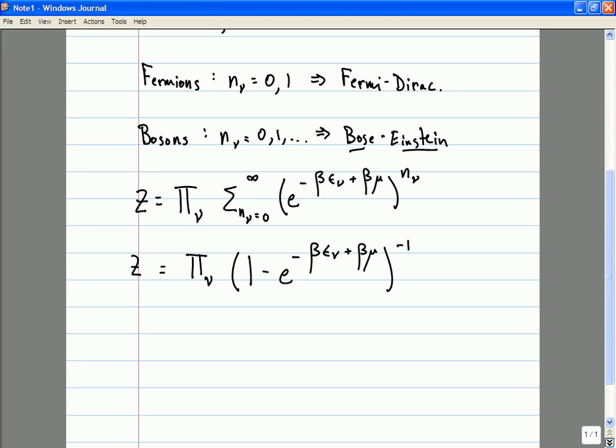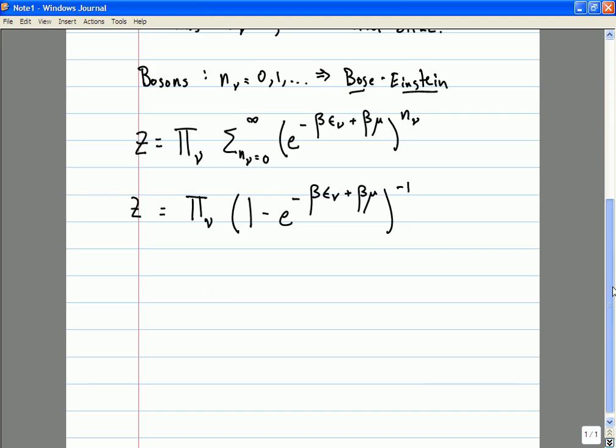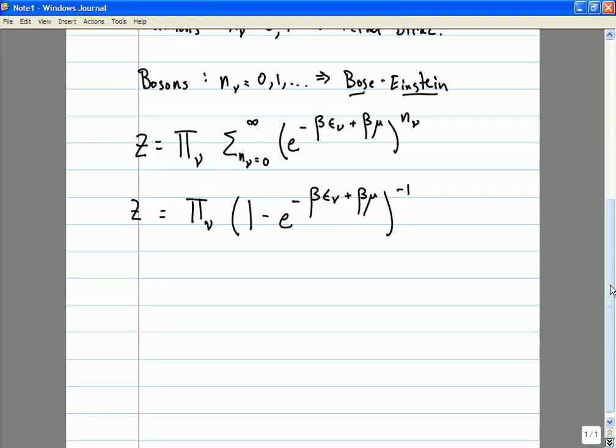In order to investigate the physics of the Bose-Einstein distribution in a little more detail, let's begin calculating some of the observable quantities from this partition function. So, for example, the total number of particles, the expectation value, say, of the operator N, which counts the number of particles.